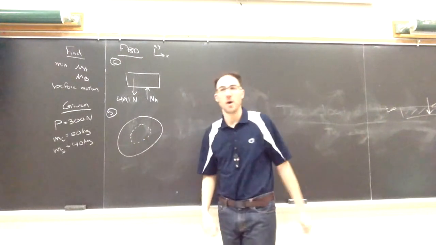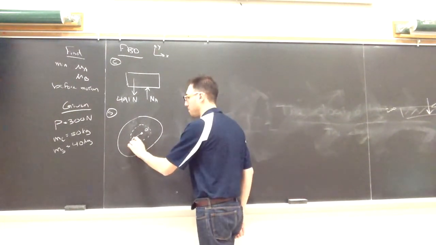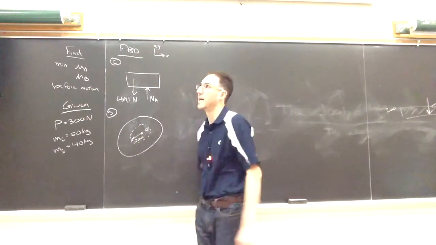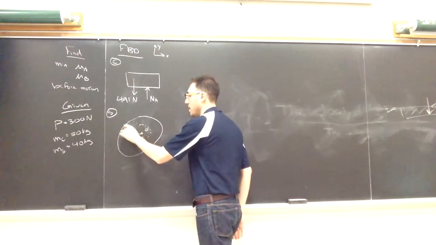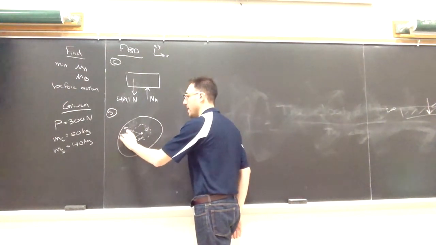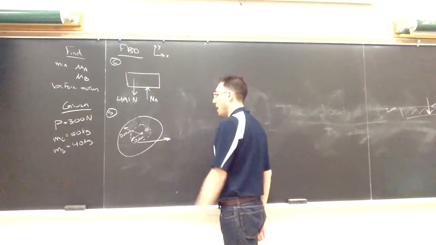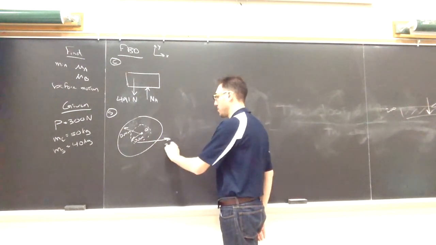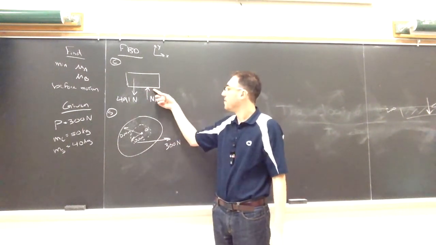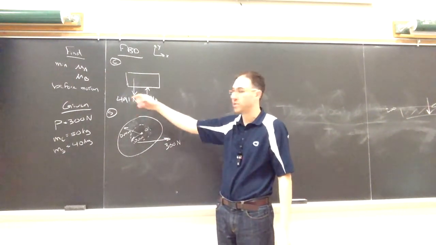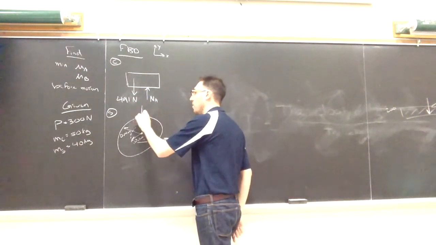And I can start to draw what's happening to the spool. The spool has a center at O, 0.2 meters to that inside part of the spool where the force is being attached, and then 0.4 to the outside diameter of the spool. I'm applying that force P of 300 newtons. I have the normal force in the opposite direction, so the spool pushes up on the block and the block pushes down on the spool.